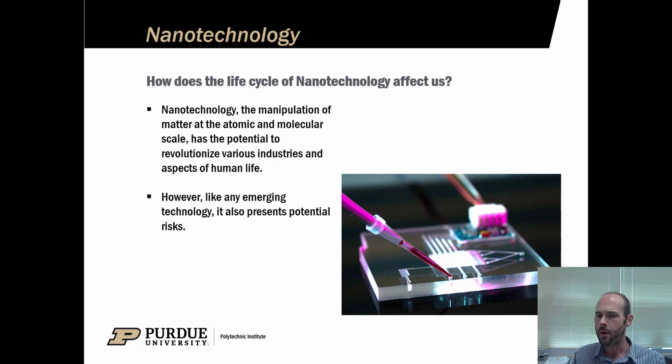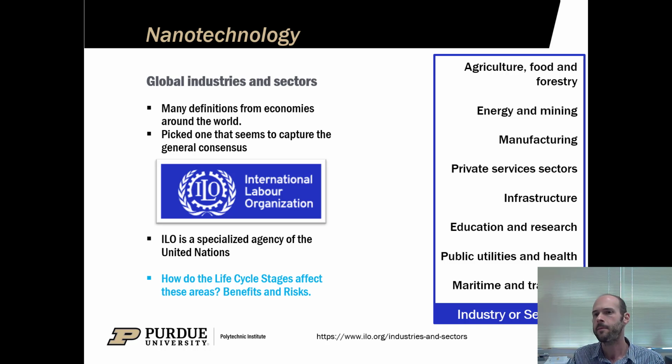And so what we're looking to do in this last section is just give a framework for, given a potential application, of which there are many that can be discovered on your own using just online resources, how does that plug into kind of quantifiable aspects of humanity or our society? And so the approach I'm going to present is breaking down the impact to humanity as kind of looking at different global industries and sectors.